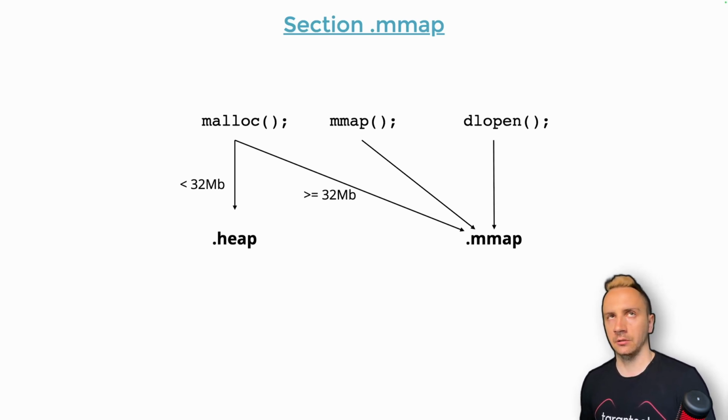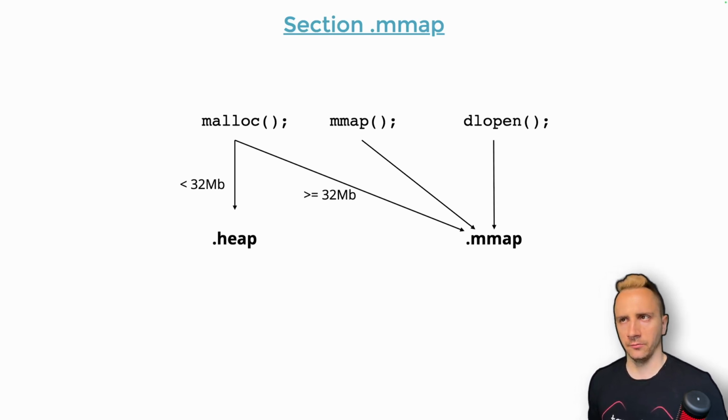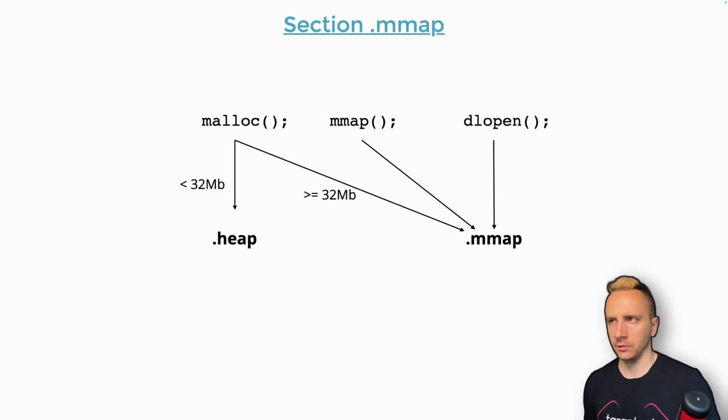There is no one standard way to implement the heap. But implementations of malloc, for example, will probably use it. Malloc will use it for large allocations, like when you want to allocate a really big block of memory, for example larger than 32 megabytes at once. Then malloc most likely will just call mmap for you. When you free it, it will unmap this memory to return it to the system.